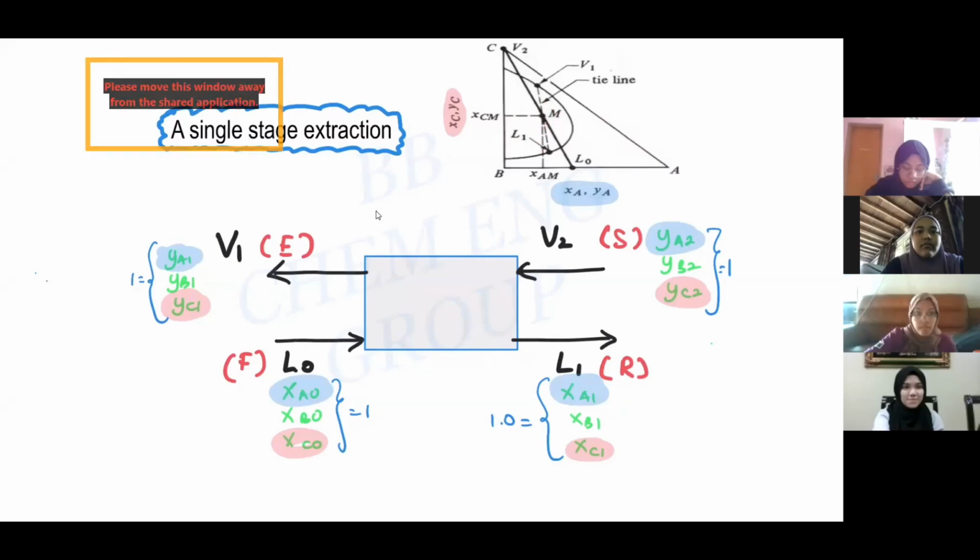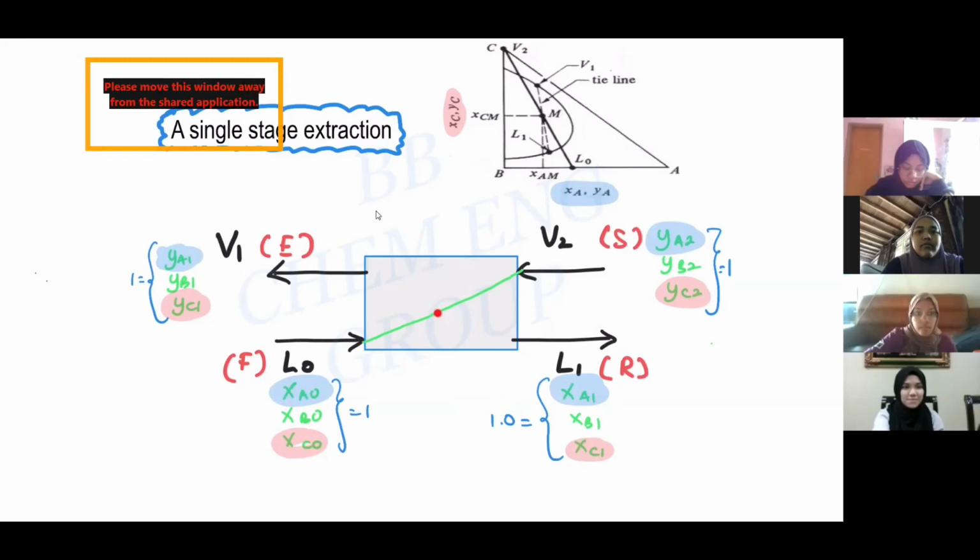So if you look at the schematic diagram, how do you get your M? You need to connect L0 with your V1, V2. The feed is connected to your solvent. Along this particular line, you're going to have a mixture.